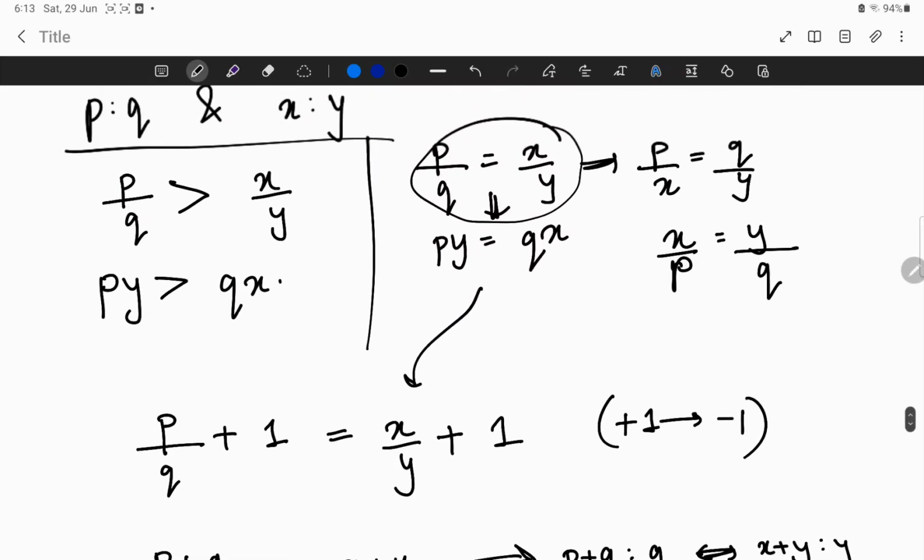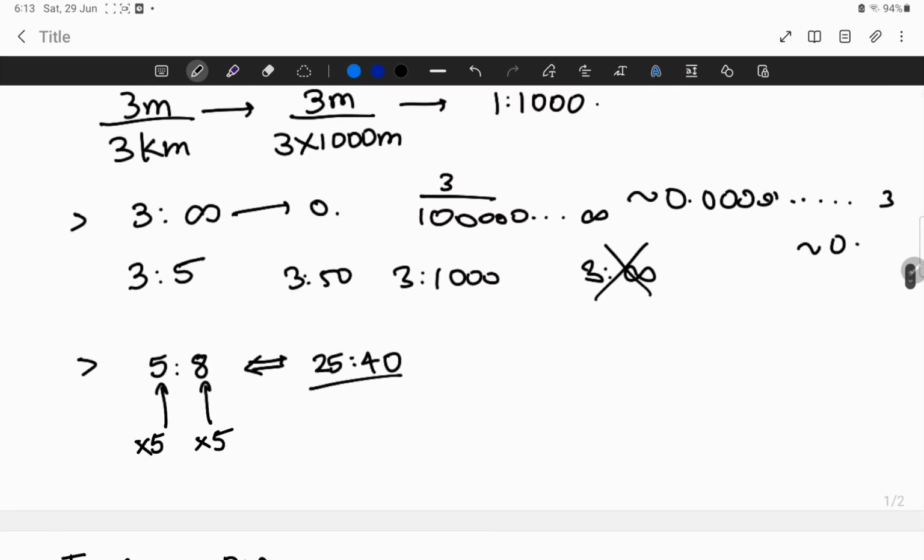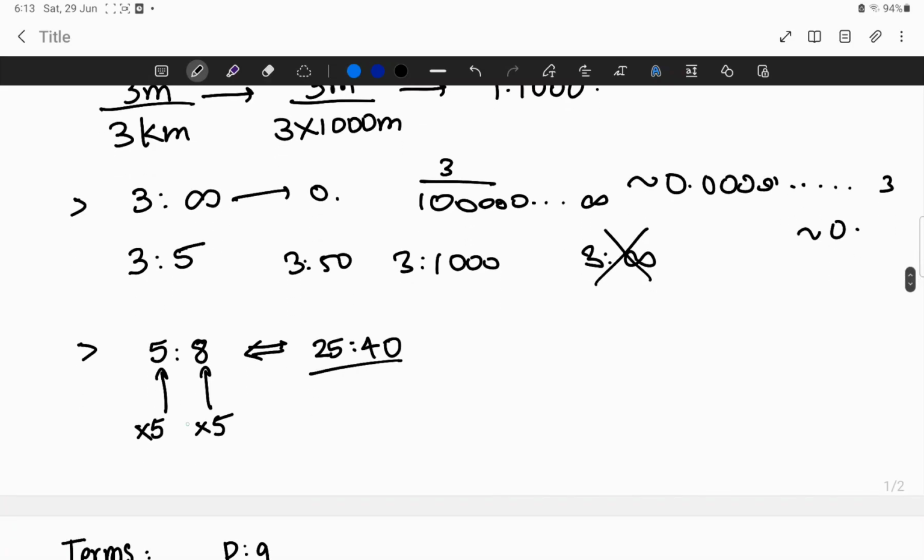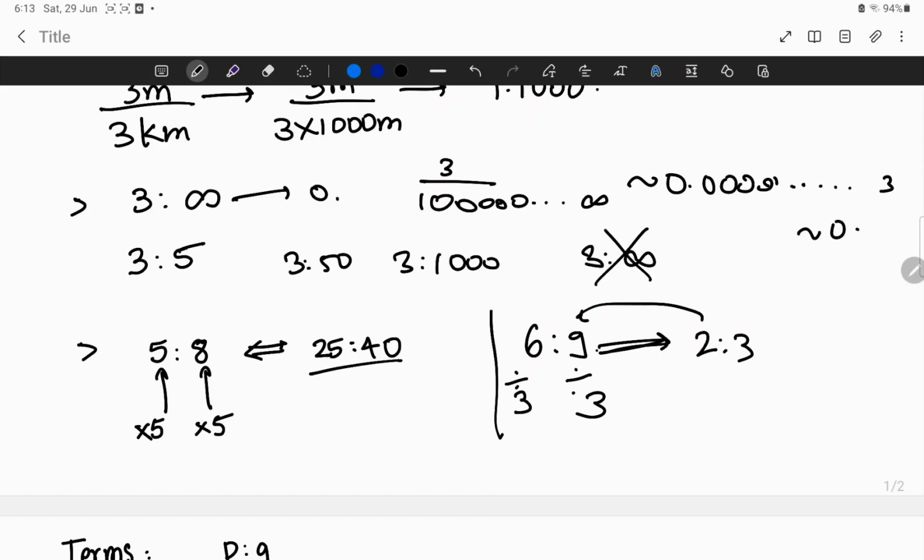Also, I forgot to mention that if you multiply, the ratio stays the same, and also if you divide. Say you have 6 is to 9 and you divide this by 3, then to keep the ratio equivalent you have to divide the consequent by 3 as well, and that would be 2 is to 3, which is the same as 6 is to 9.